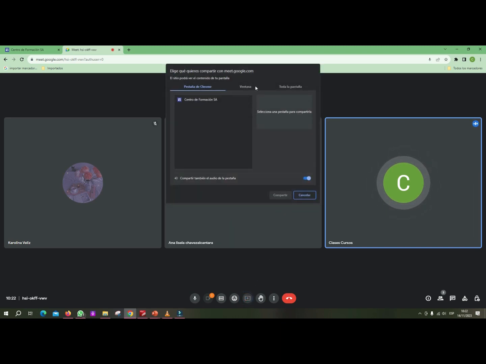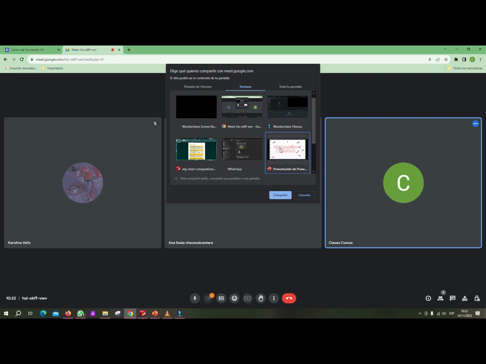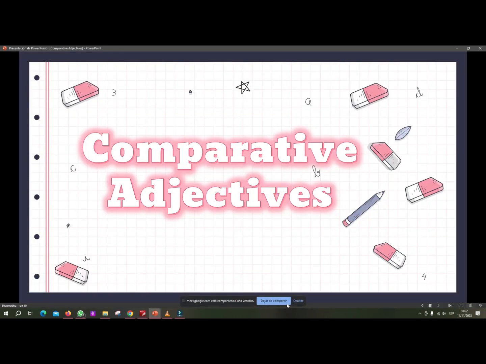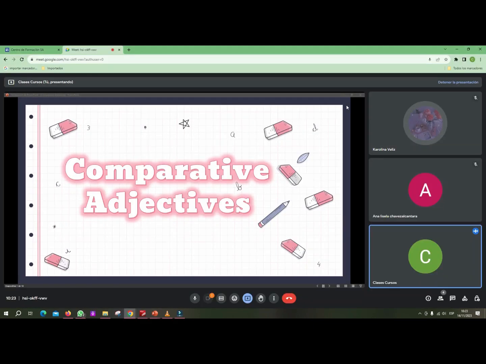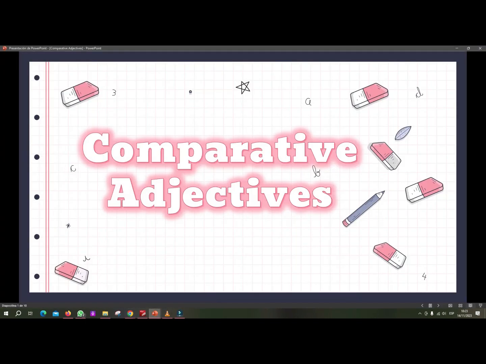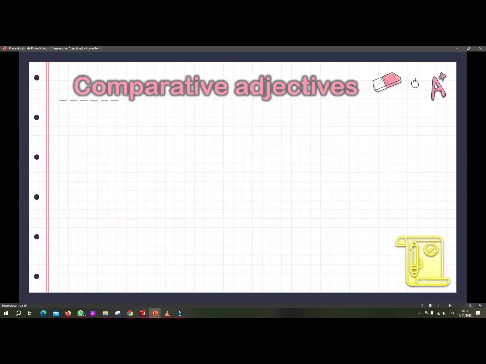I will share this information with you about the comparative adjectives, okay? So there you have comparative adjectives, right?